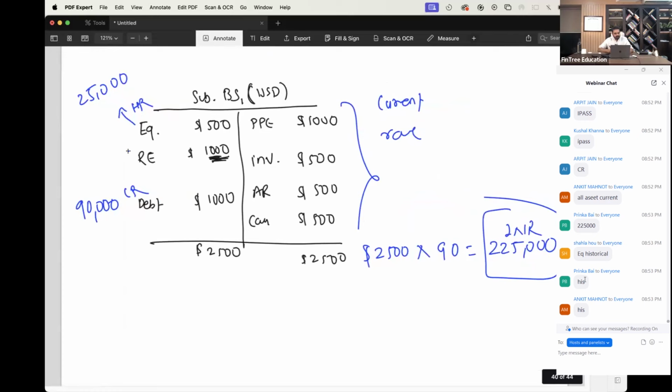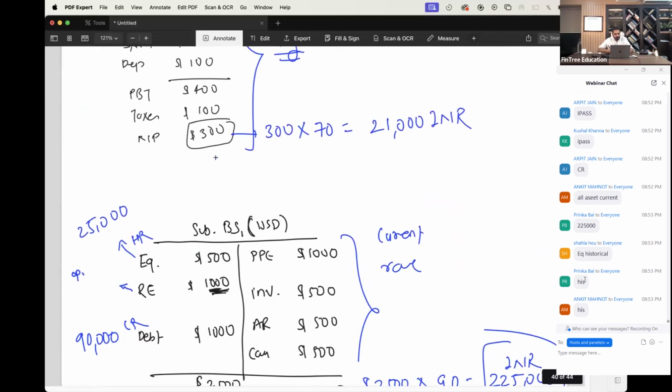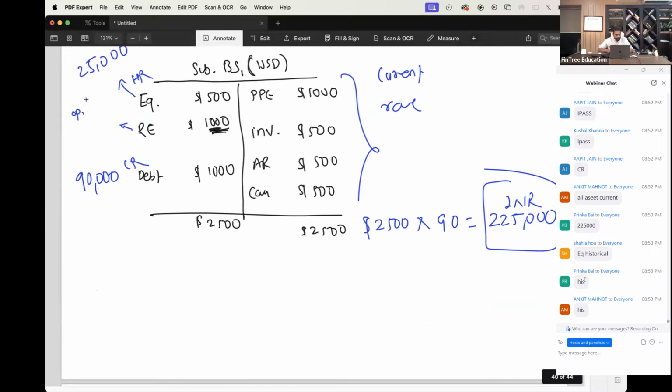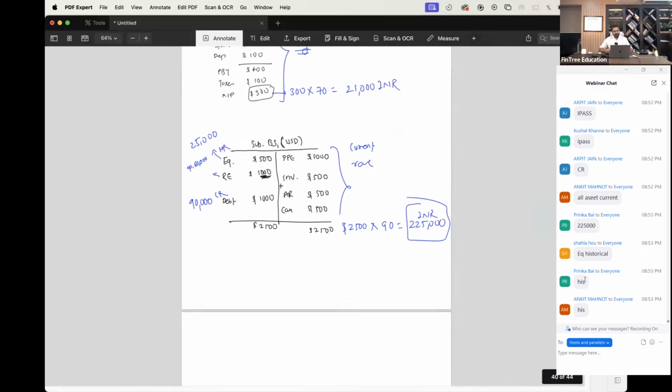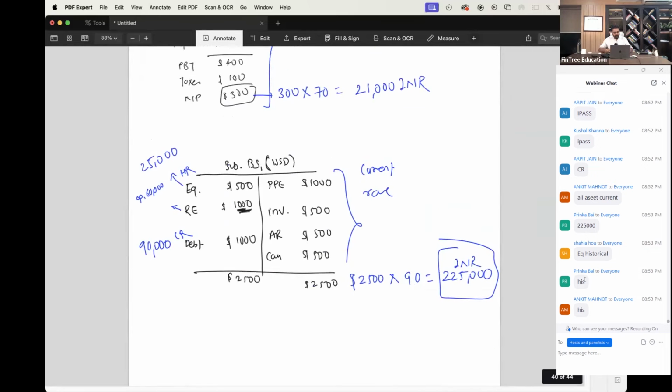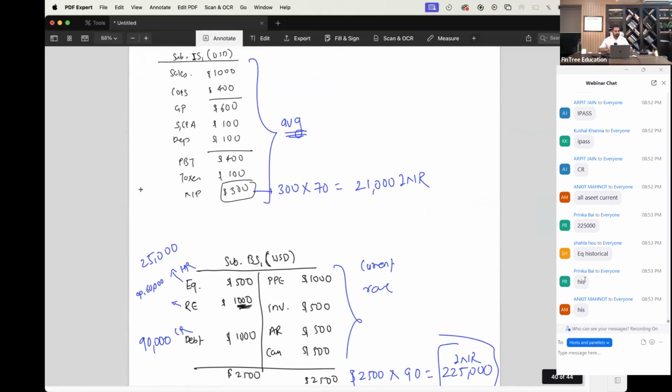Retained earnings, the opening value was 60,000. Now, how is this opening value calculated? Imagine retained earnings means years of accumulated profit, and every year my profit was calculated at the average rate.